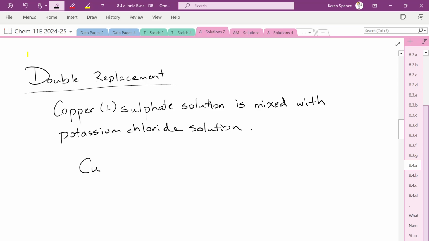So that would be Cu2SO4. And it's a solution, so it is aqueous. And it is mixed with potassium chloride solution.